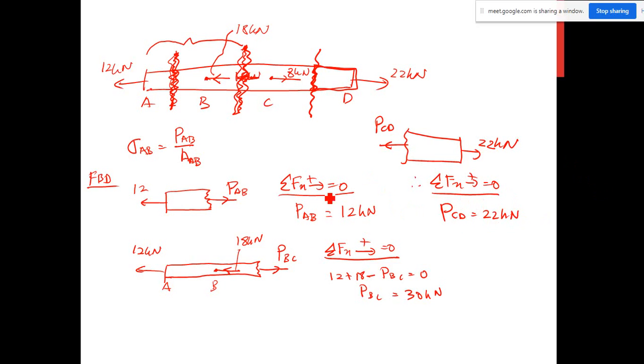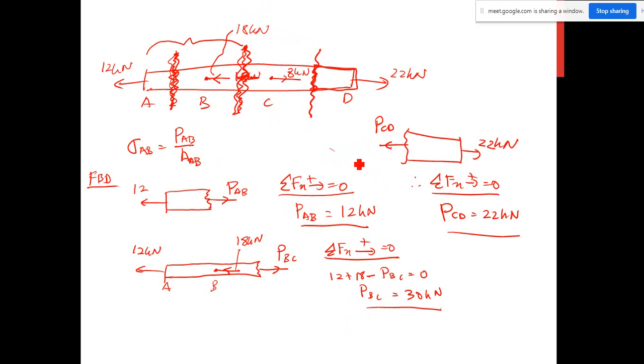Now you can see here the maximum internal force is PBC. So the maximum stress that will be developed must be in the portion BC. Because BC has the maximum internal force, the maximum normal stress that will be developed must be in portion BC.